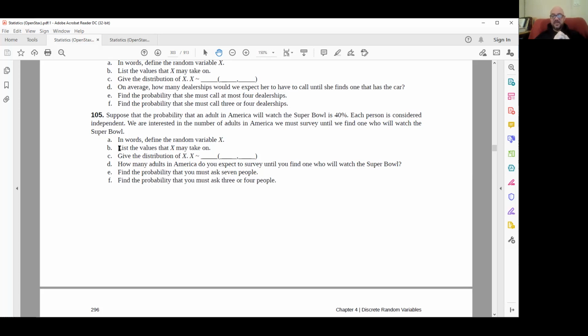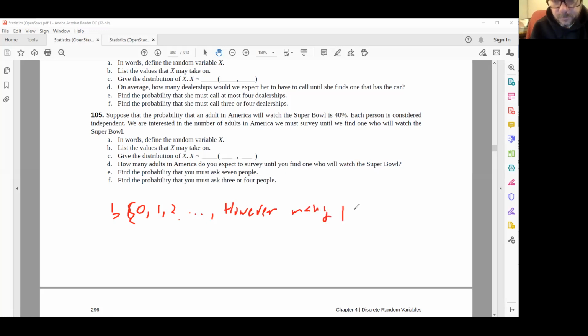So the list of values that x may take on should look something like this. For B, you'd want to have, I suppose I should make these curly braces, pardon me, curly brace, 1, 2, ... however many people in the US won't watch the Super Bowl.